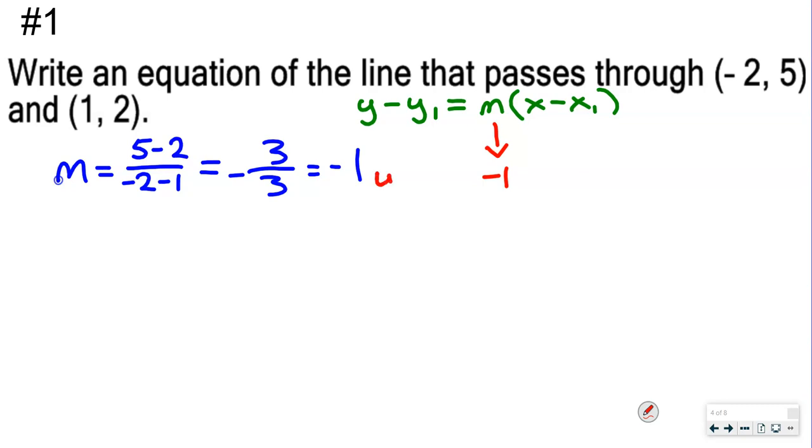So we'll take y minus y1, which we'll say is 2. Let's label those x1 and y1.